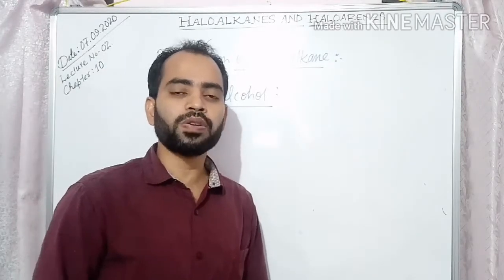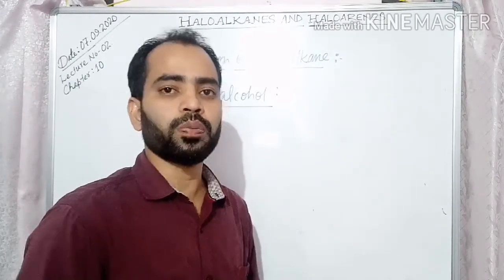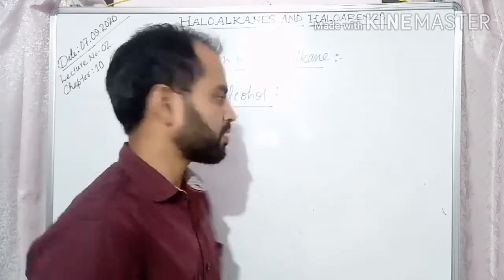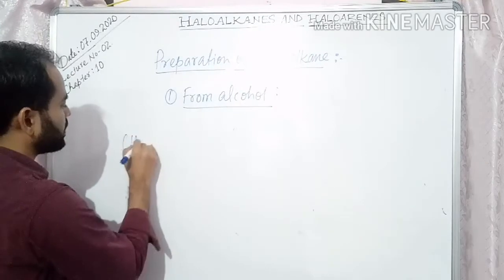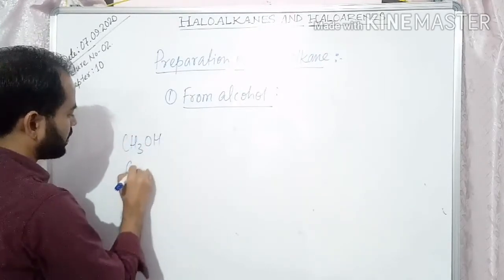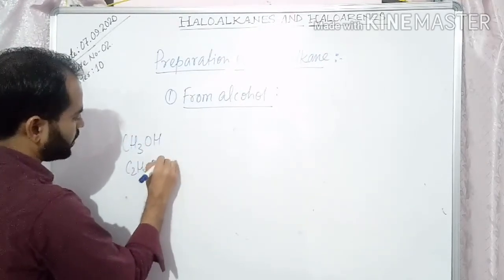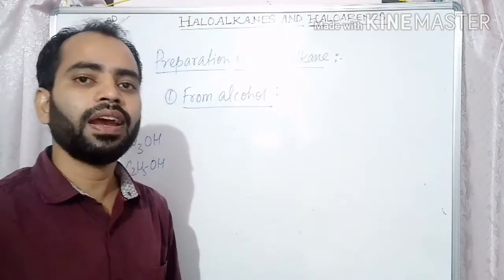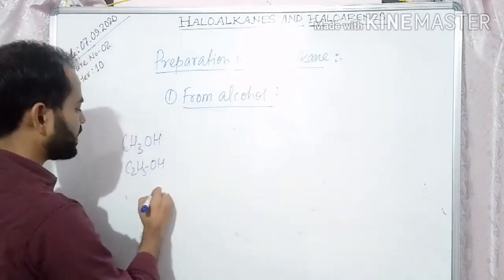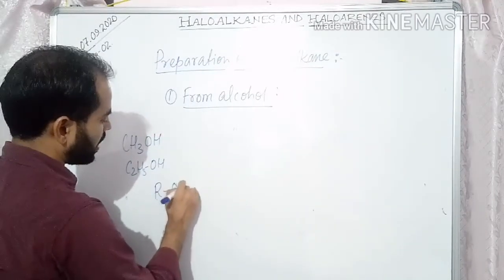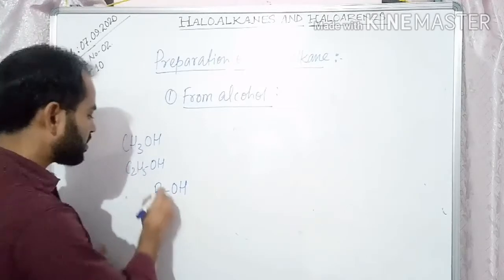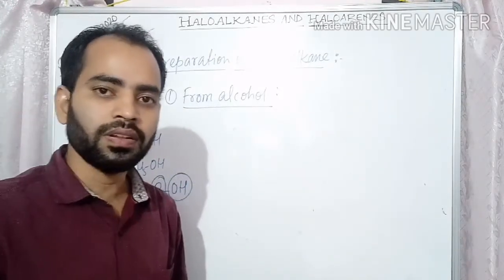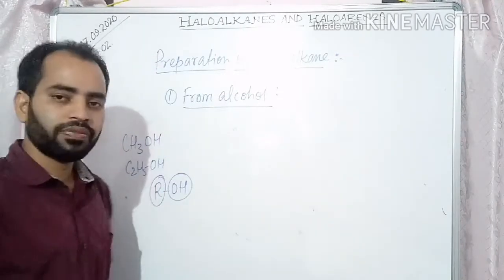Alcohols are those compounds which have the OH group. OH functional groups are called alcohols. For example, CH3OH, C2H5OH, that is methanol, ethanol, all are your alcohols. They are represented by the general formula ROH. R stands for alkyl group and OH for hydroxy group represents alcohol. So this is the general formula for alcohol.